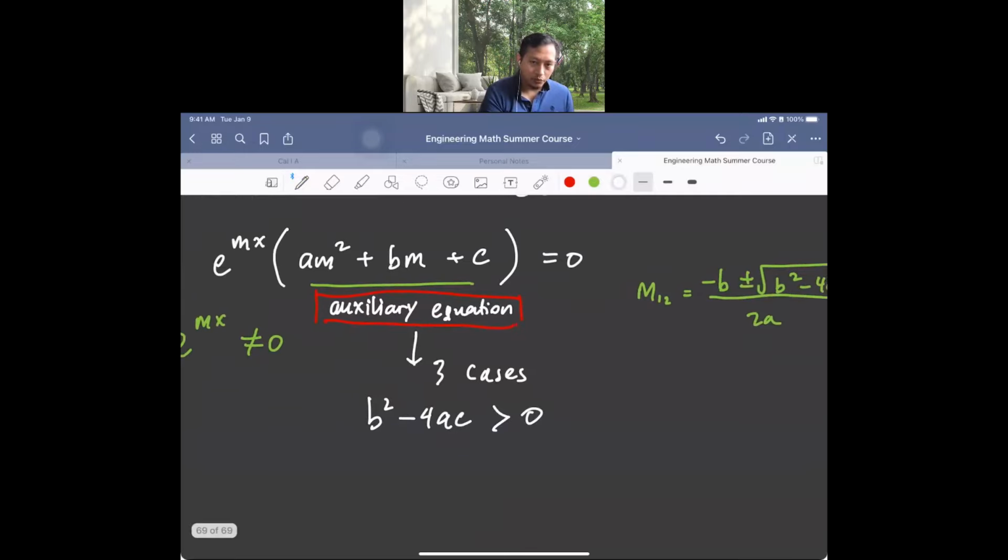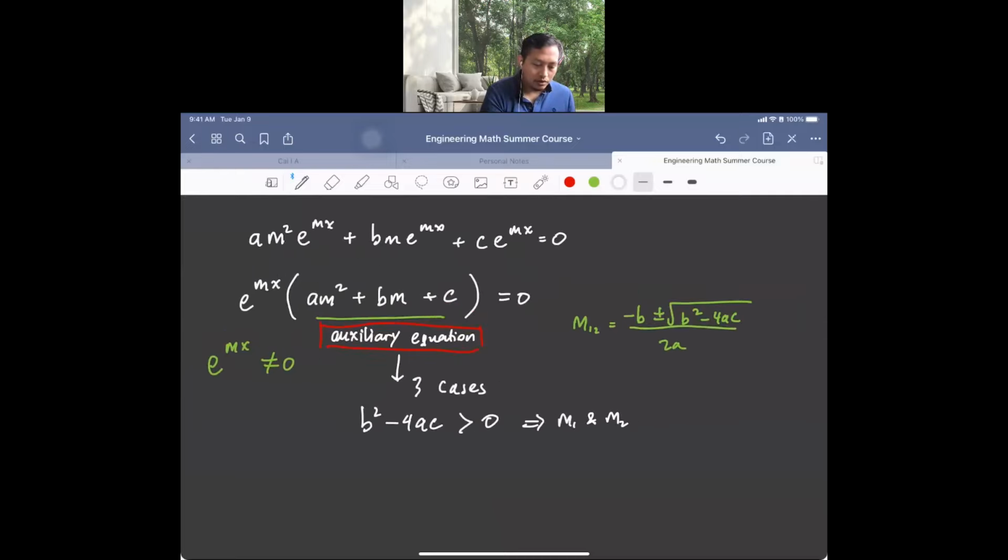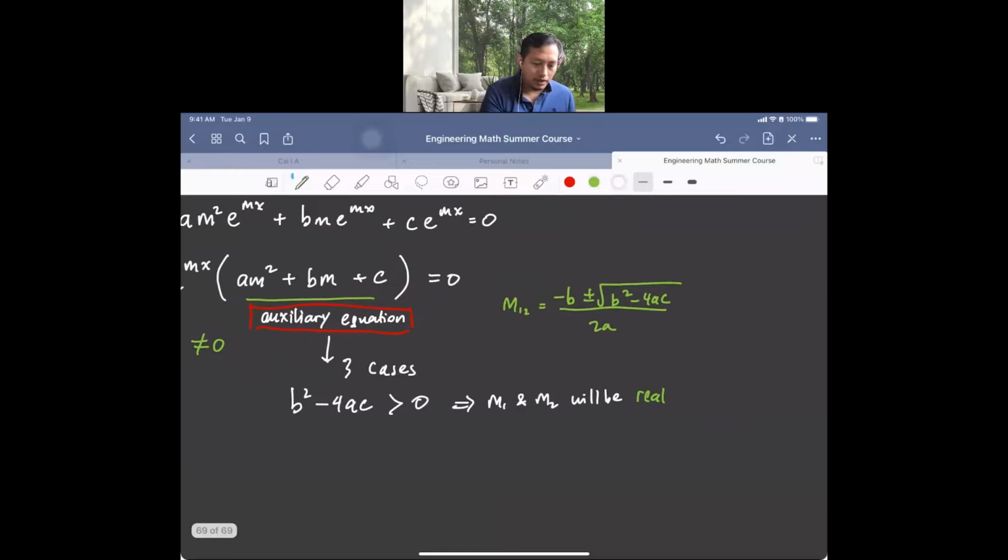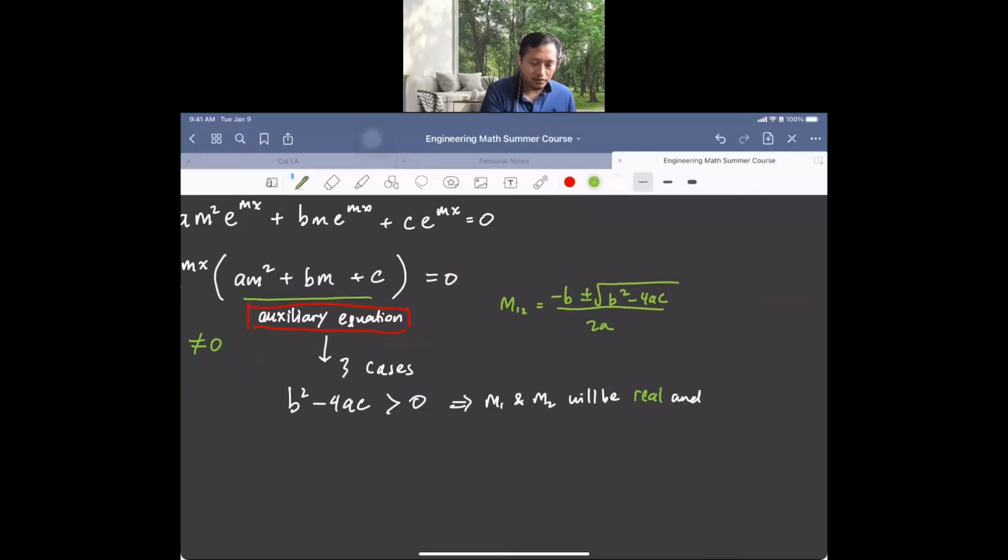So if it is positive, which means that we will have m1 and m2 real and distinct, which means we can distinguish one from another.